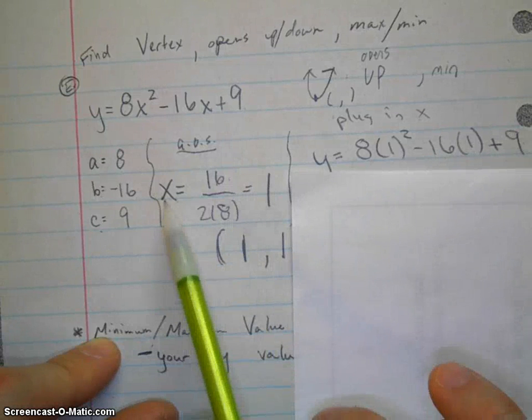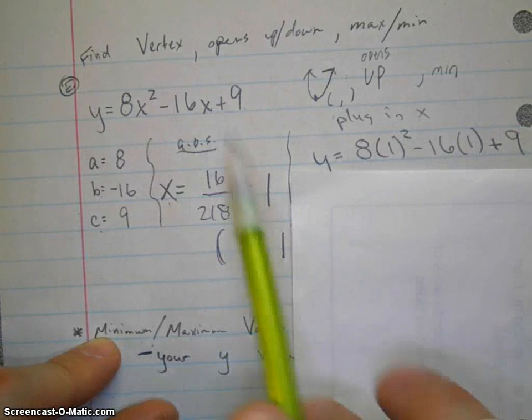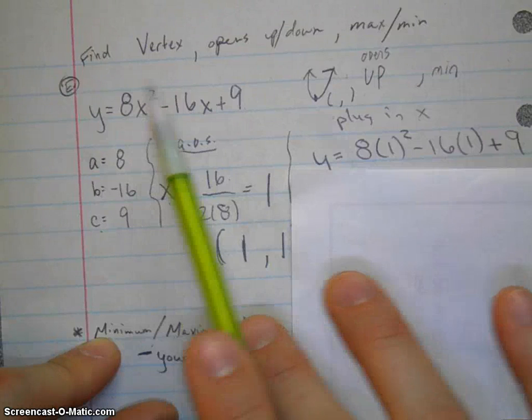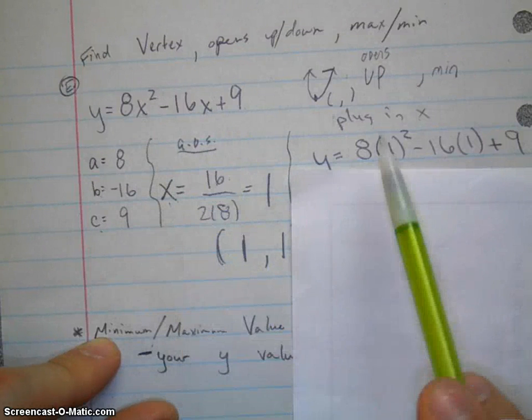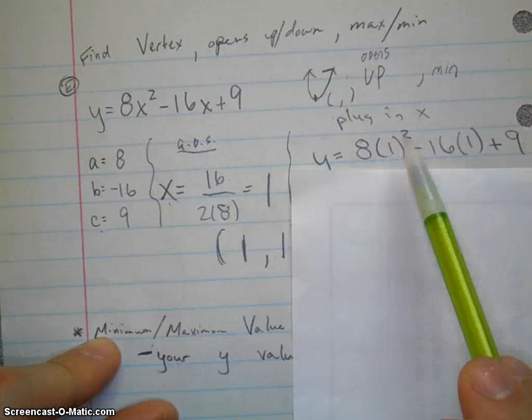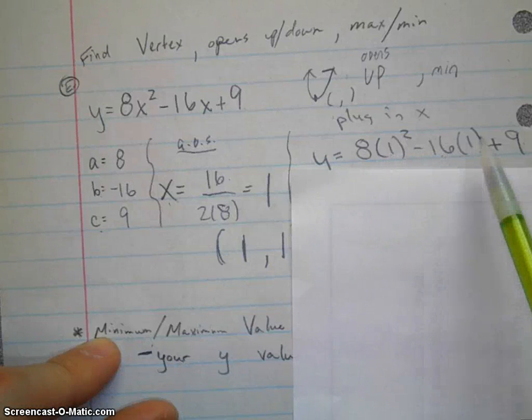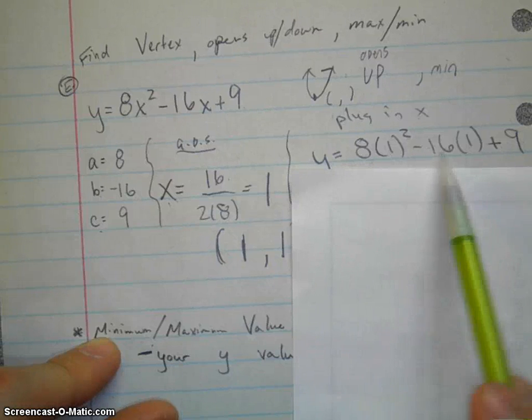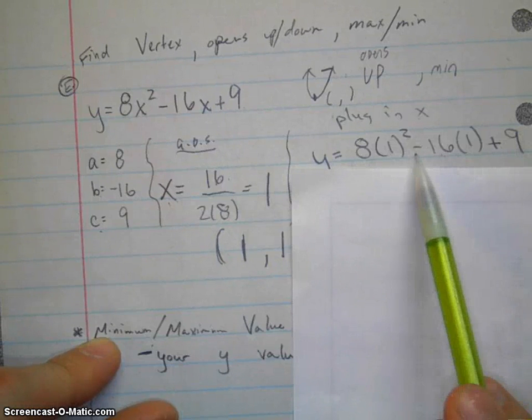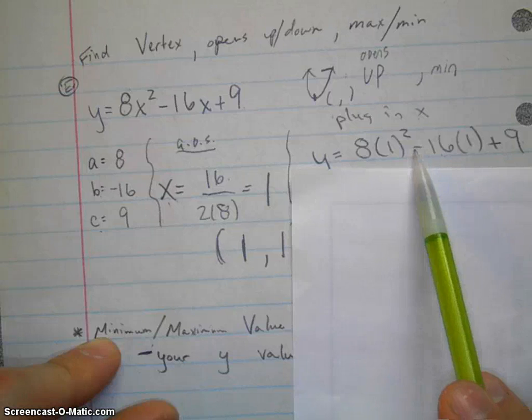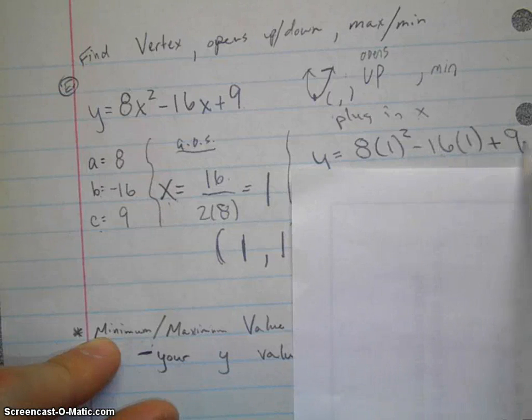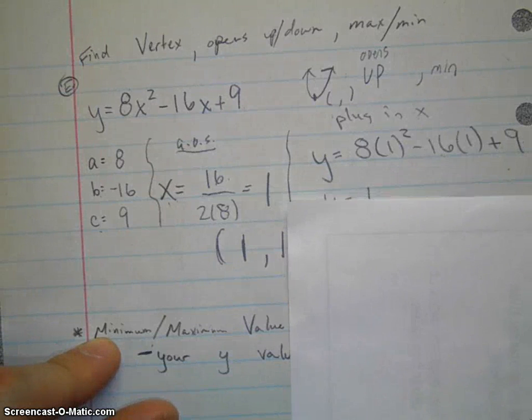Since I found my x to equal 1, everywhere I saw x, I plugged in a 1. I'm going to put that in the calculator exactly as I see it. This is a minus, not a negative right here, so minus 16. And this is a plus 9. You need to have that exactly in the calculator.